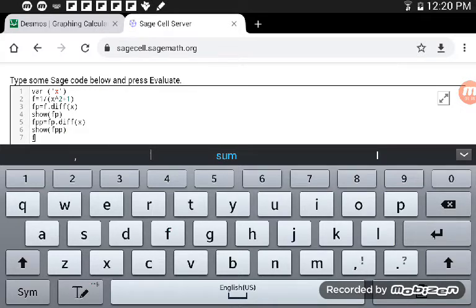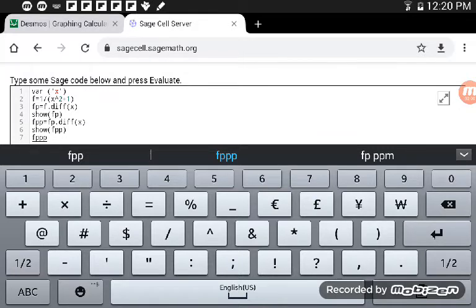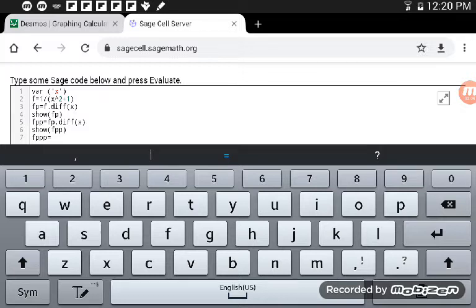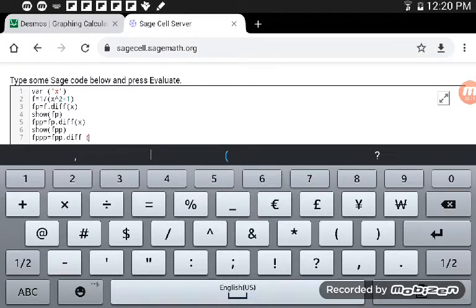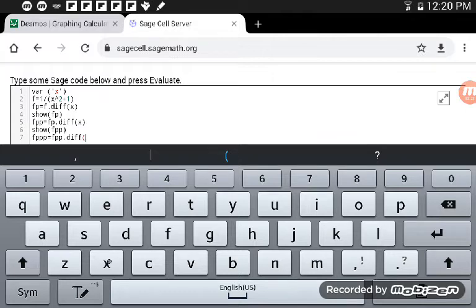So f triple prime, and that is equal to f double prime dot diff, oops, there we go, with respect to x.